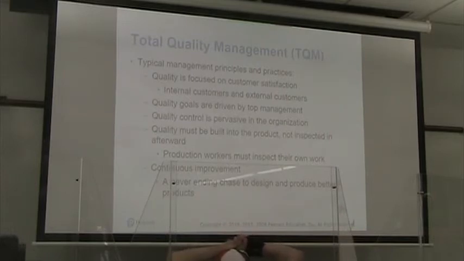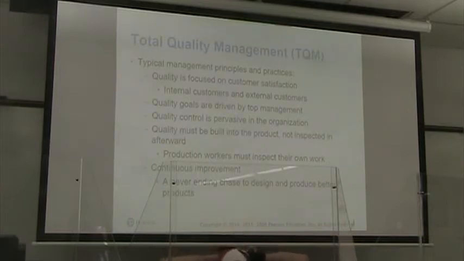The typical management principles and practices within that. First, quality is focused on customer satisfaction, and that is for both internal customers and external customers. Second, quality goals are driven by top management. Third, quality control is pervasive in the organization.